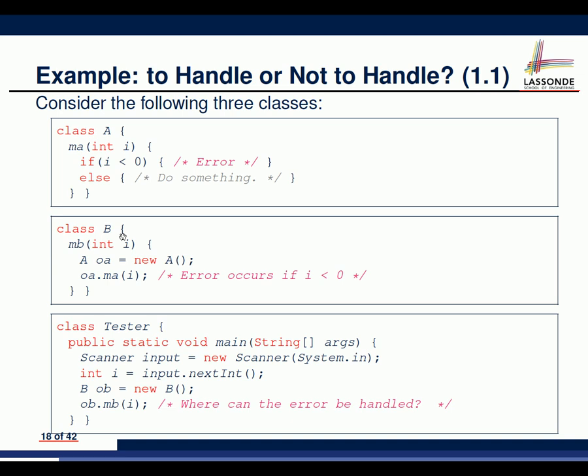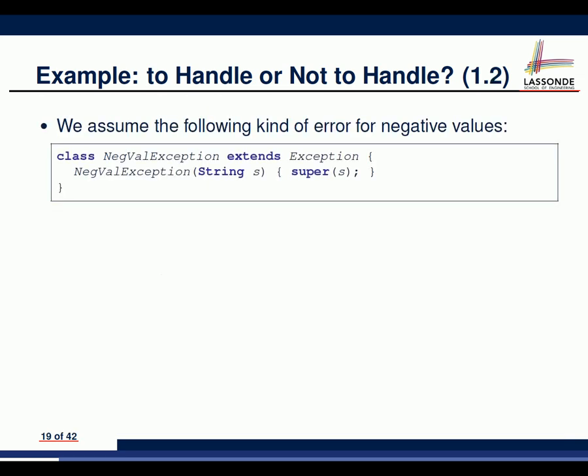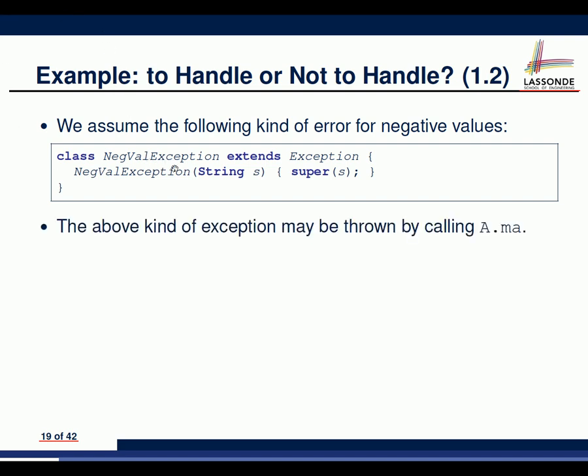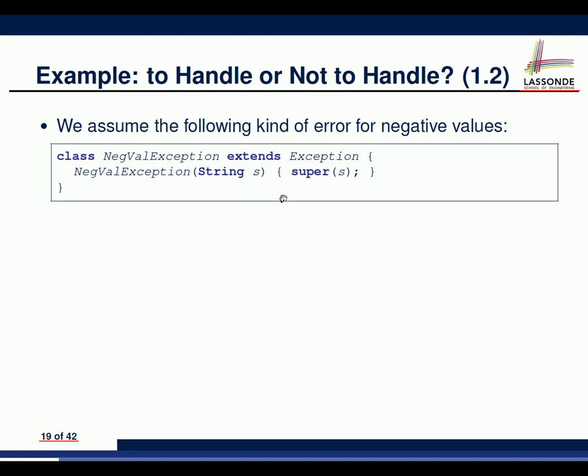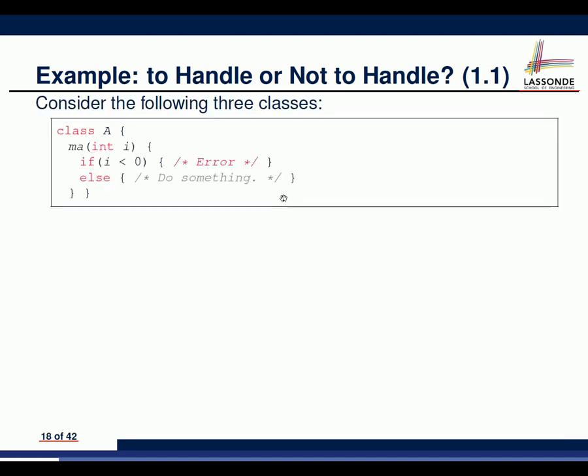Let's go through the big picture, and then I'll walk through the code with you one by one. First of all, let's just create a new exception class, either manually or semi-automatically in Eclipse. Let's call that NegativeValueException. This kind of exception may be thrown by calling a.MA, which means MA over here might throw this particular kind of exception.